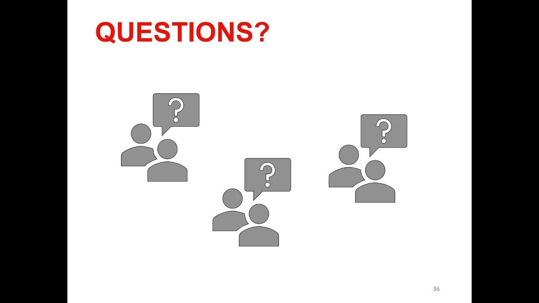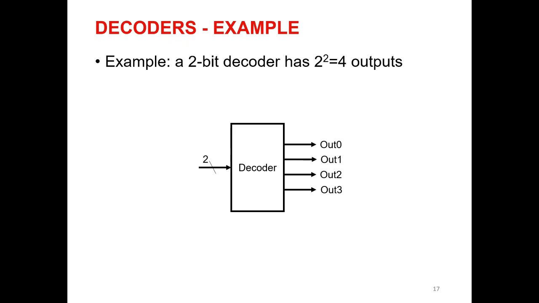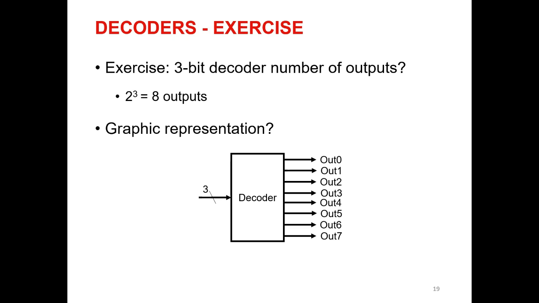Okay, someone is asking if I could explain again the decoder part where we have a 3-bit decoder. So here we have a 3-bit decoder.